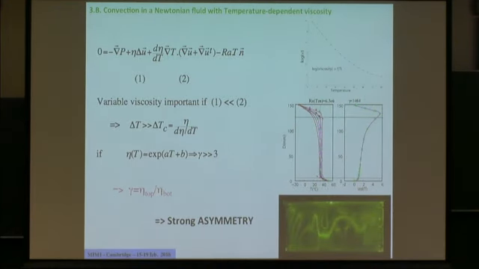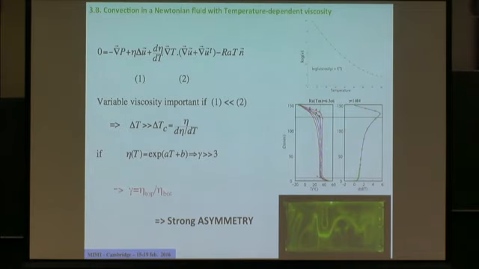Then we also know that the mantle has a viscosity that varies very strongly with temperature, decreasing when temperature is increasing. In this case, compared to the constant viscosity momentum equation, where you have this viscous term and the buoyancy term here, you have to add this term here.